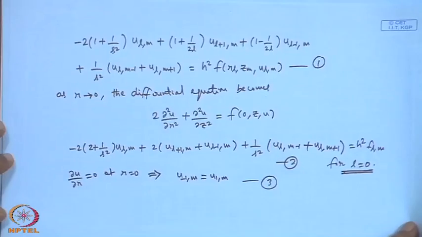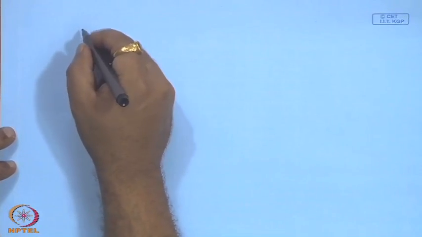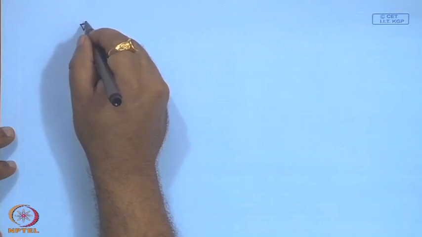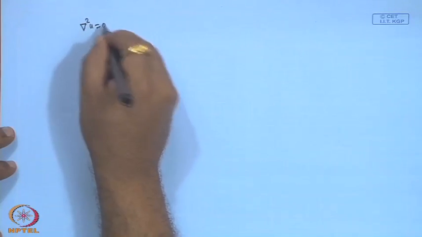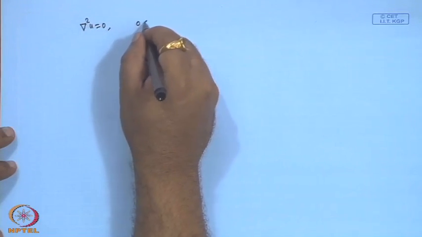Okay. So, let us see at least for a simple case the discretization and the system of equations. Say we want to solve this.